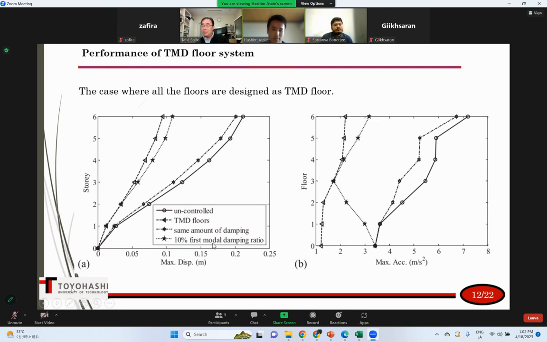Another case is where the damping ratio of the structure is increased to 10% from 1%. It showed that when all floors are designed as a TMD floor system, it gives the most effective, or better, result. And this is also the max acceleration. In this case also, when all floors are considered as a TMD floor system, it gives the minimum amount of acceleration.